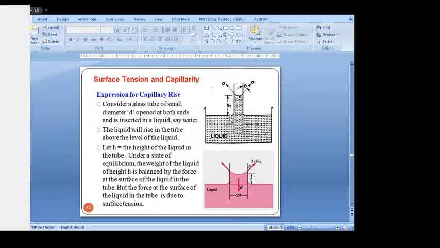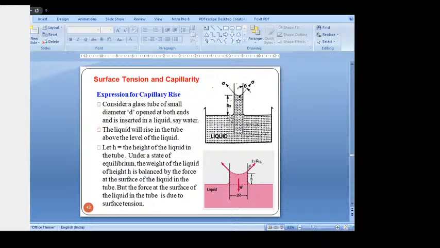Under equilibrium, the weight of the liquid acts downward, and the surface tension acts upward. So we need to consider both these forces: the weight of the liquid and the surface tension.